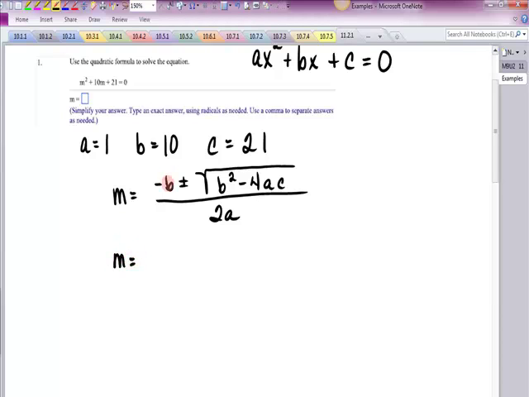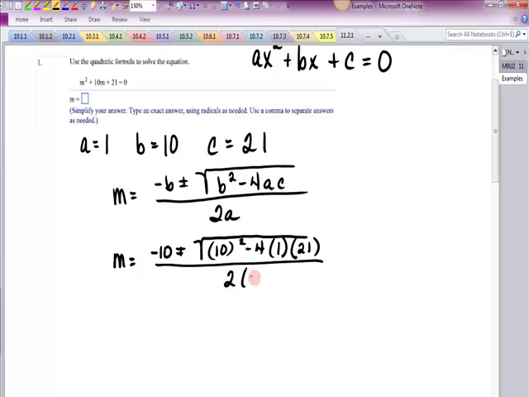M is equal to, it says negative b, it means the opposite of b, so that's negative 10 plus or minus the square root of 10 squared minus 4 times 1, which is a, times 21, which is c, all over 2 times 1, which is a.